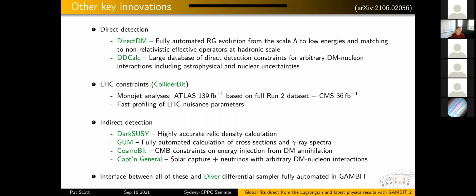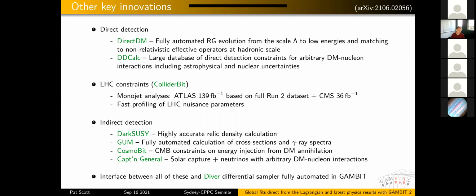And then also included a bunch of indirect detection. So we had a relic density calculation from DarkSUSY. We automated the cross sections and the gamma ray spectra by GUM. We had CMB constraints on energy injection in the early universe from dark matter annihilation, included by CosmoBit.